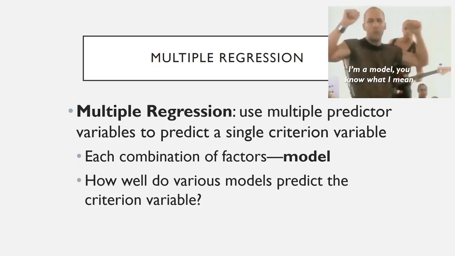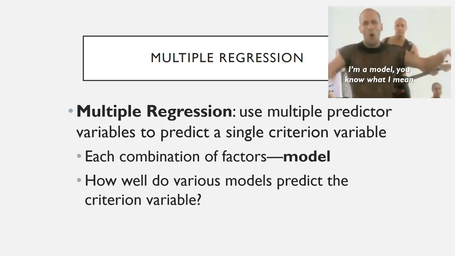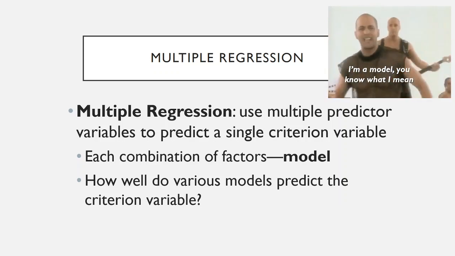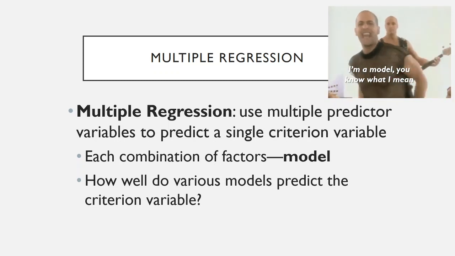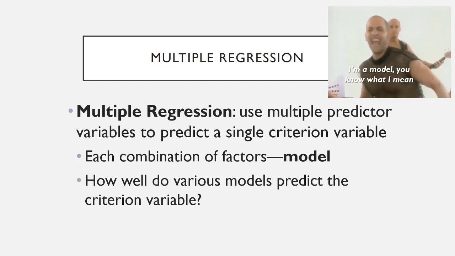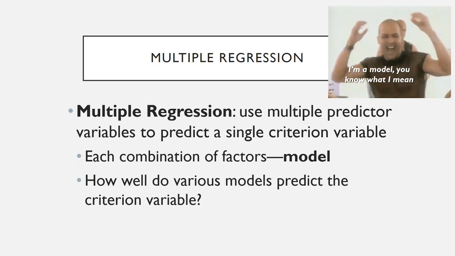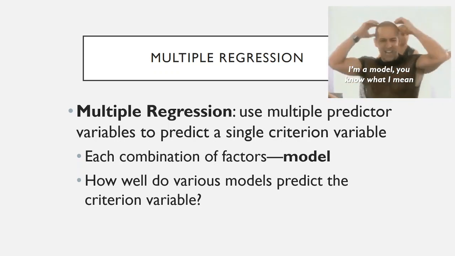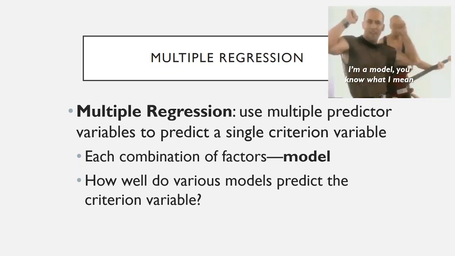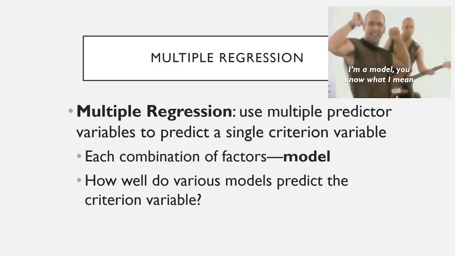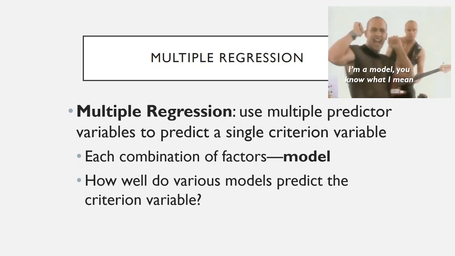Anytime you have a combination of predictor variables or factors, independent variables, that are all going together to generate predictions, you have what's called a model of the relationship between the variables. The idea is you can evaluate various models in terms of how accurate the predictions of the outcome variable are.